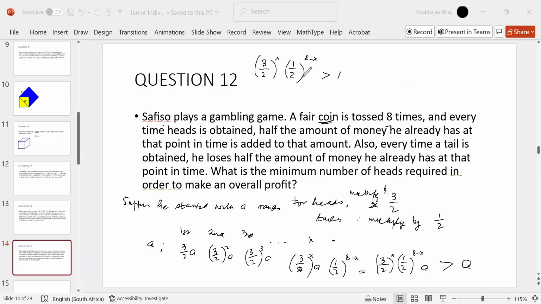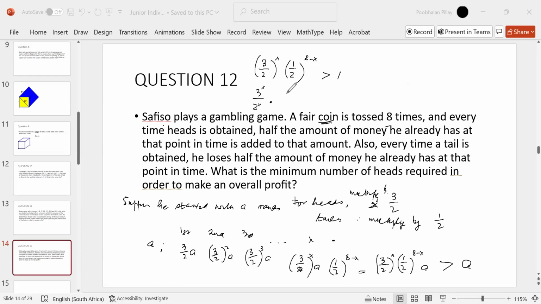Now, this is 3 to the power of X over 2 to the power of X. And when you're doing indices, you do this. And you got a half to the power of 8 minus X.